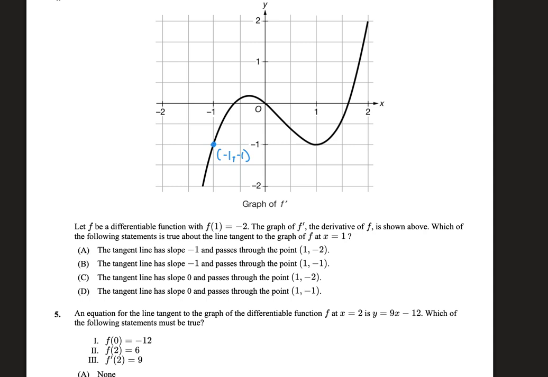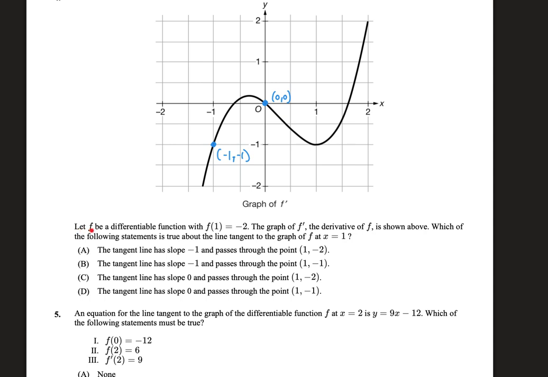Another point, right here, 0, 0. This is saying that on the original function, when x is 0, the slope of the tangent line is 0. So just getting used to interpreting a derivative graph.